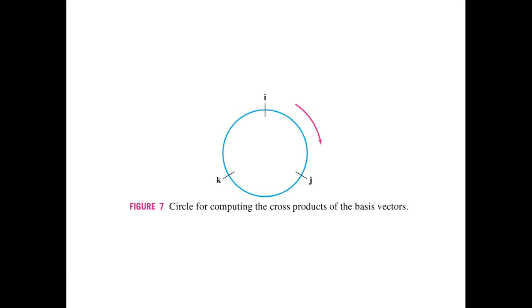Then as long as you're going clockwise and doing the cross product, i cross j is k, j cross k is i, k cross i is j. As long as you're going clockwise, you'll have positive values, the positive of the next vector. But if you go counterclockwise, it's going to be negative. i cross k is negative j, k cross j is negative i, and j cross i is negative k. They didn't show that, but that also works that way.